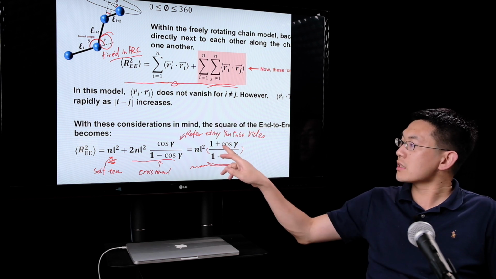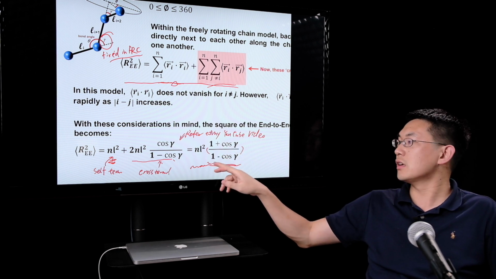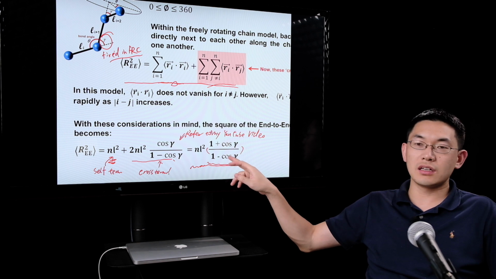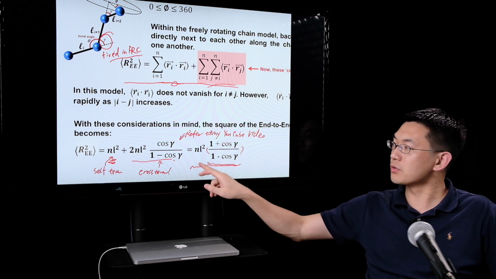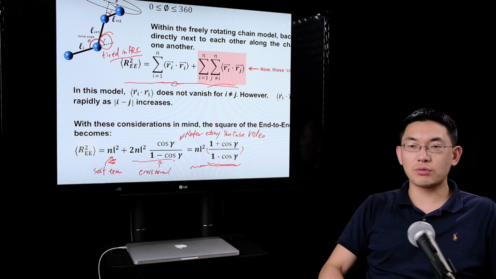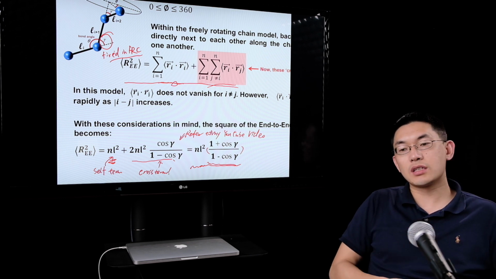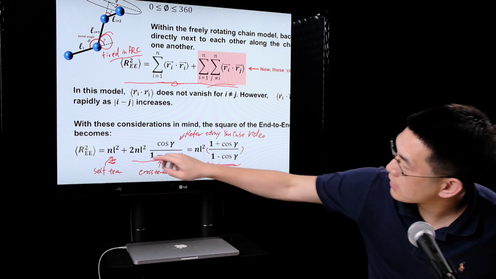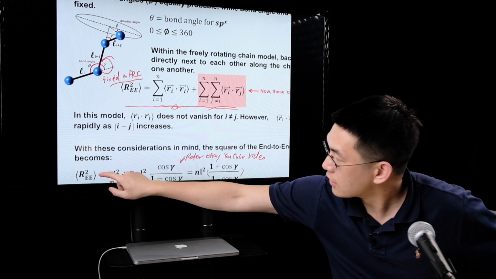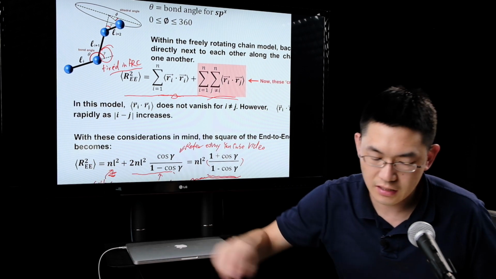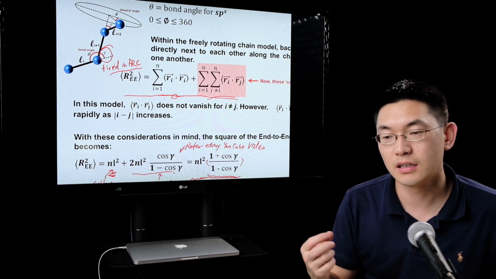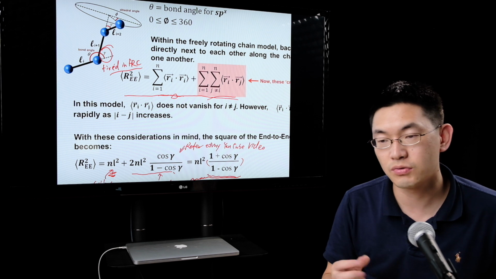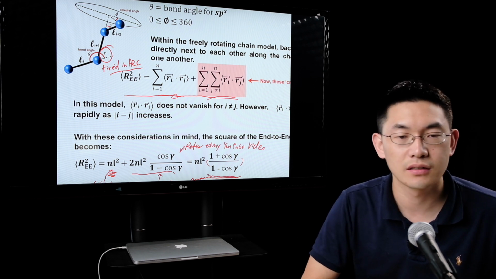So 1 plus a half, cosine 60, over 1 minus cosine 60, another half. So this will be equal to 3 multiplied by NL squared. So your chain core size, the end-to-end distance, is increased by root 3. Remember, this has a square term here. So if you take out the square term, the result would be a root 3 times increase in the core size.